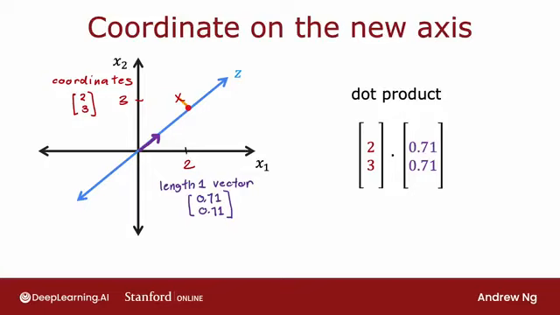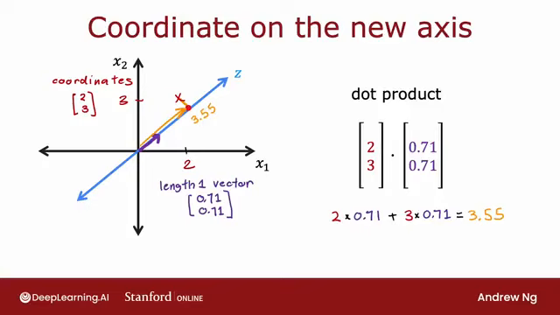And if you do that, 2, 3 dot product with 0.71, 0.71 turns out to be 2 times 0.71 plus 3 times 0.71, which is equal to 3.55. And what that means is the distance from the origin of this point over here is 3.55, which means that if we were to use one number to try to capture this example, that one number is 3.55.